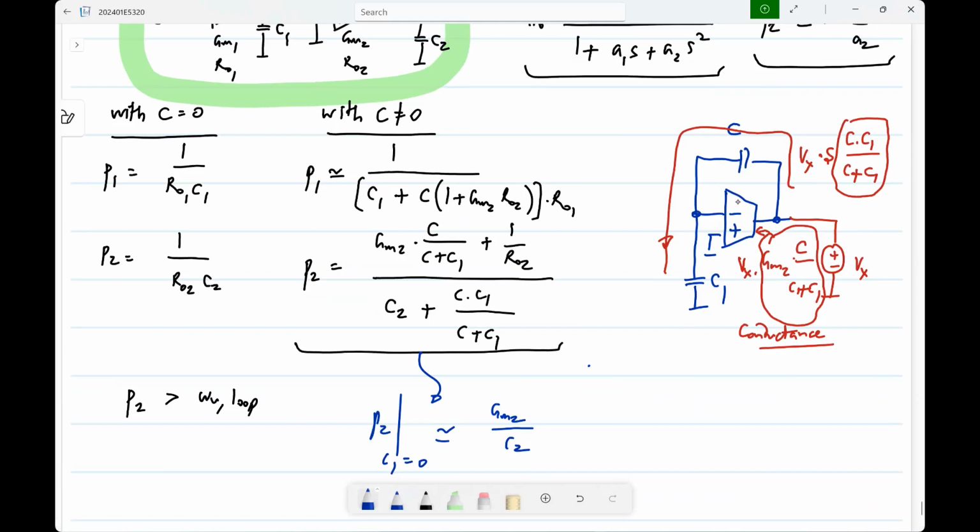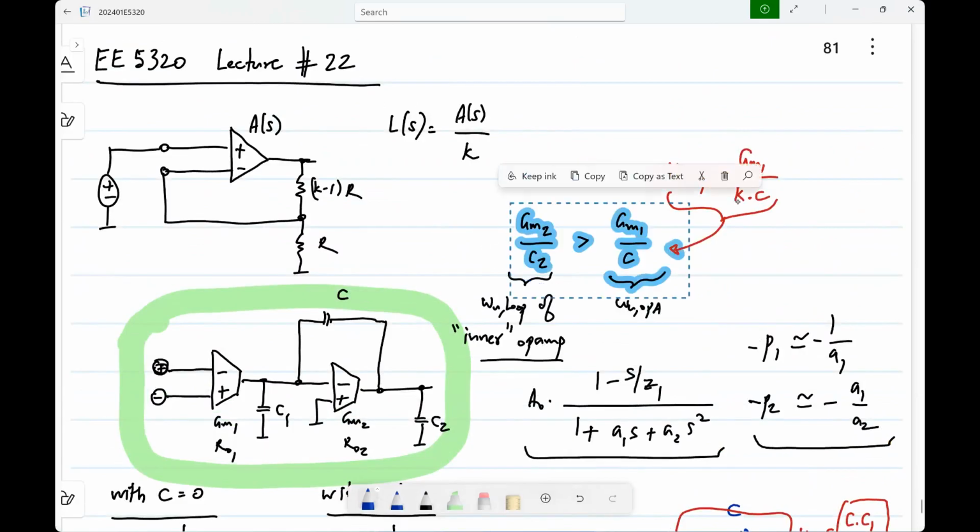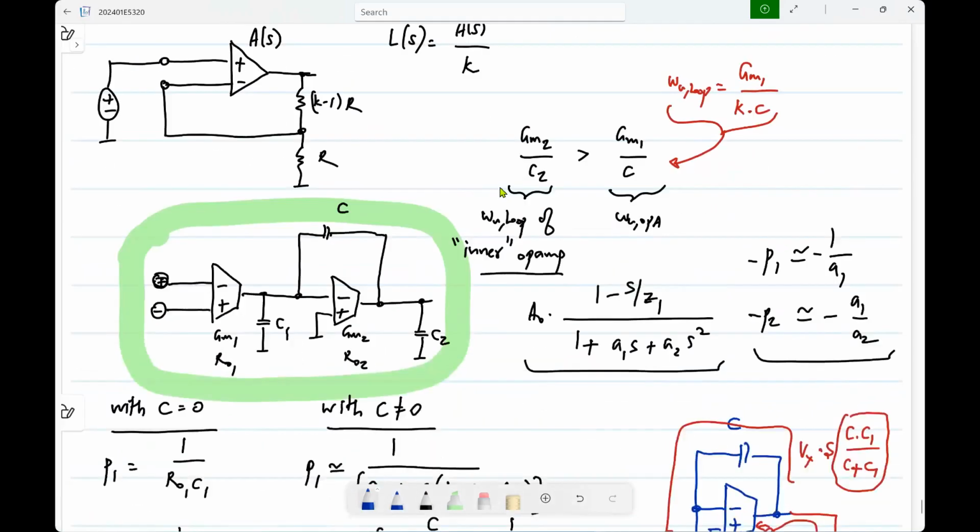So what I'm trying to say is whatever we got intuitively, which is this, does make sense. Okay. It's not precise because we have left out some details when doing that. But at least you get the idea that essentially if you make this nested type of op-amp, the further GMs, GM2 tends to be higher than GM1 and GM3 has to be higher than GM2 and so on. Is this okay?